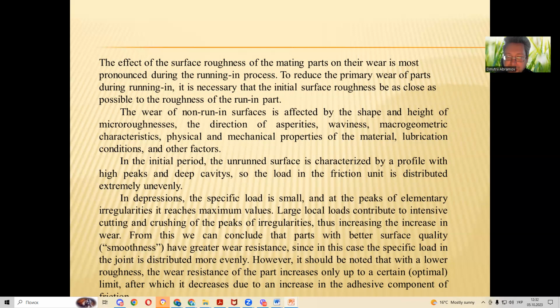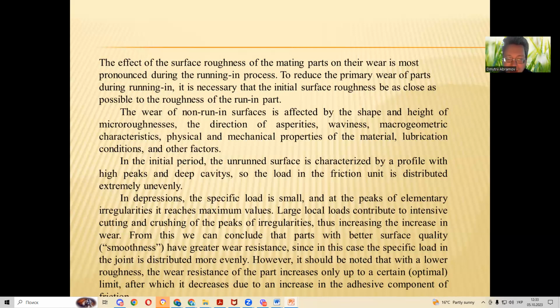In depressions, the specific load is small, and at the peaks of elementary irregularities, it reaches maximum values. Large local loads contribute to intensive wear. Intensive cutting and crushing of the peaks of irregularities increases the wear.